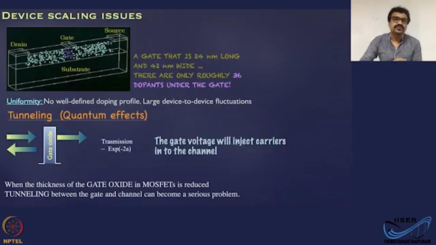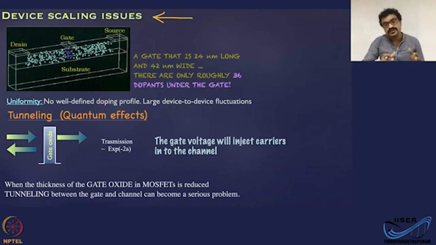so what are the issues? We already looked into one of the issues, that is you don't have a well-defined on or off state, or you can have leaky systems. Okay, now the second issue is related to the uniformity of operation.